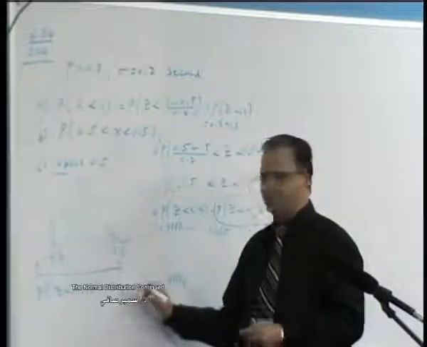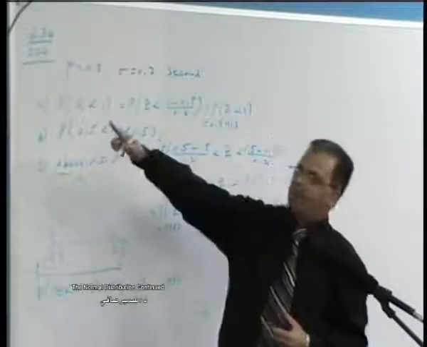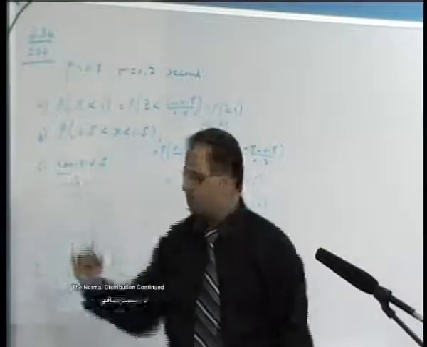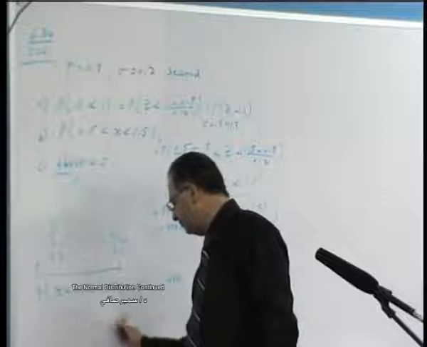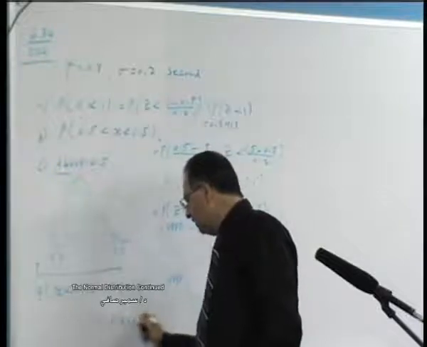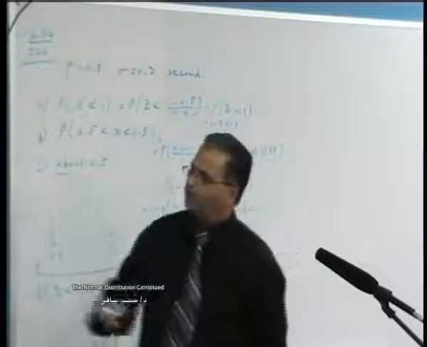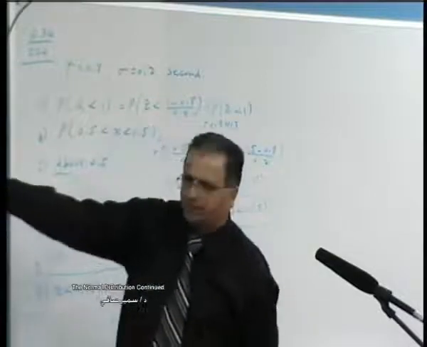Now, the table gives the area to the left of z, so this is 1 minus P of z less than 1.5. Now 1.5 from this table is 9332.